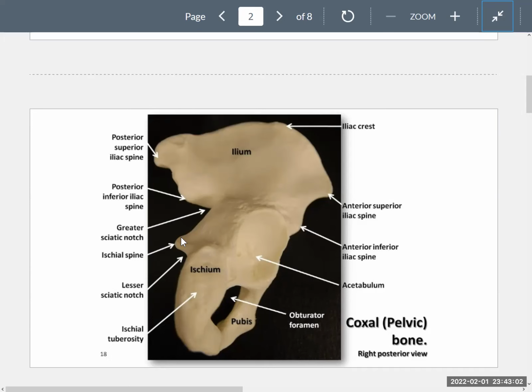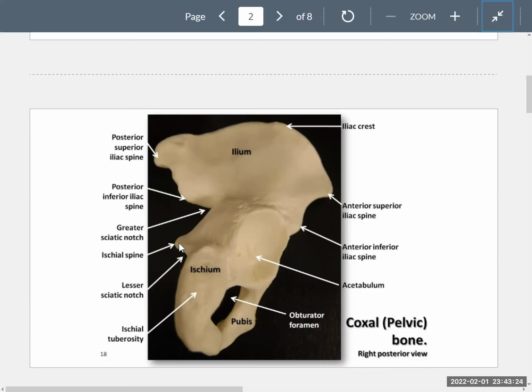We've left the ilium and we're in the ischium. This is the ischial spine. You'll see in a moment just where these separate; they all come together right here in this cavity.